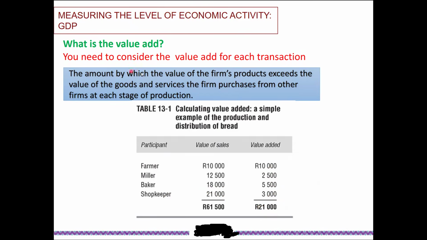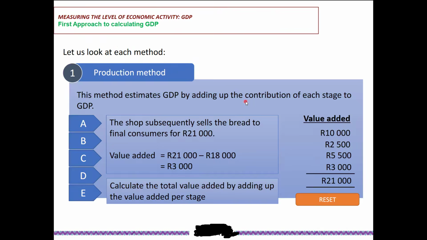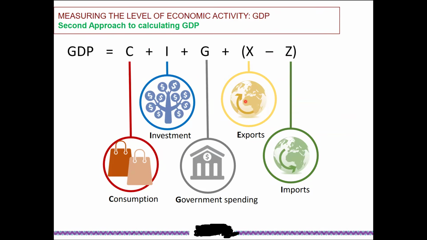They're saying that here the amount by which the value of the firm's products exceeds the value of the goods and services the firm purchases from other firms at the stage of production. Okay, so here they're still showing the same calculations basically. And then we also have the second approach, which is the expenditure approach, right?